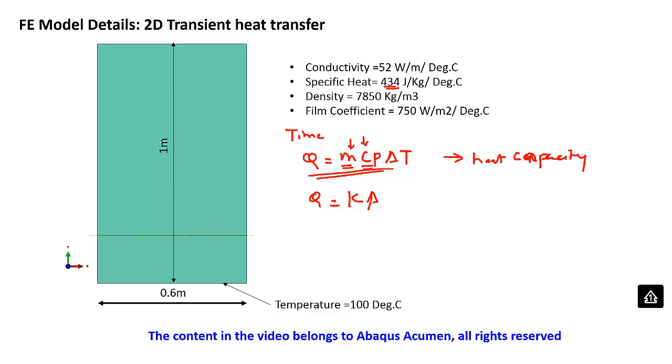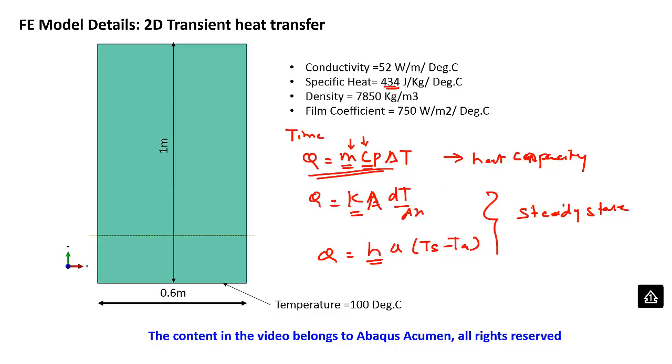So this is additional; the heat capacity equation will come along with your Q equal to KA dT by dx, which is for conduction, and Q equal to HA (T surface minus T ambient). So H already you are giving, K already you are giving. This was only for steady state.